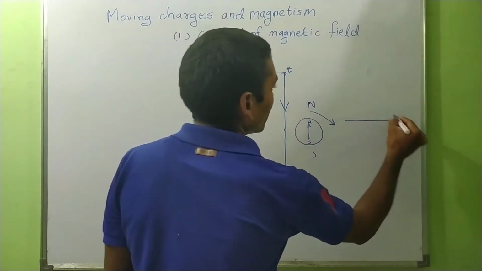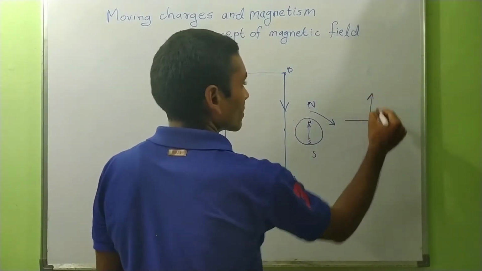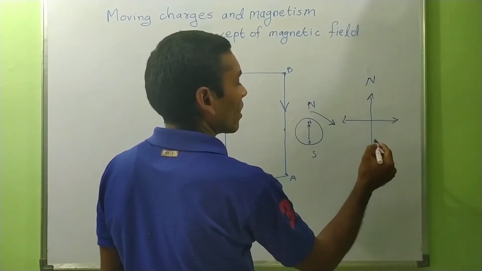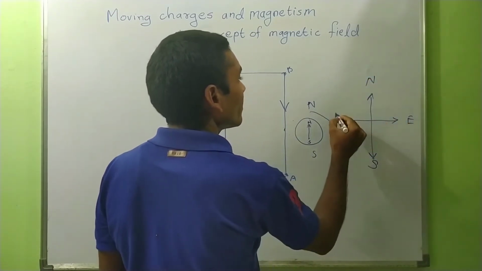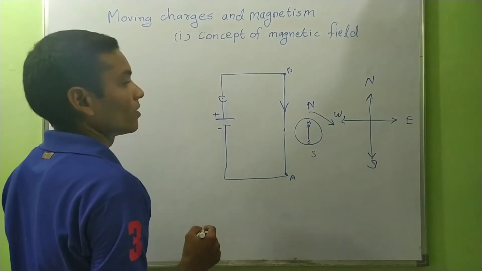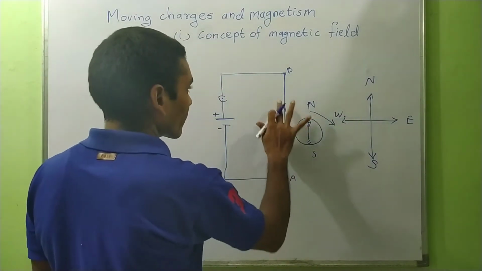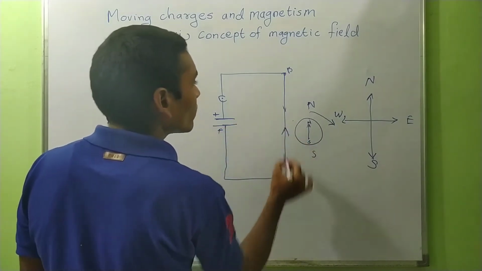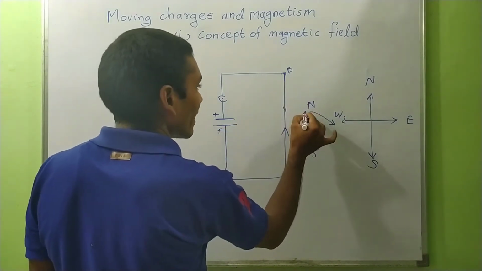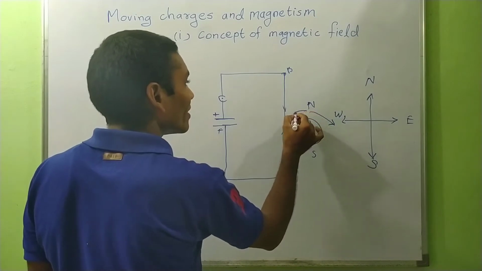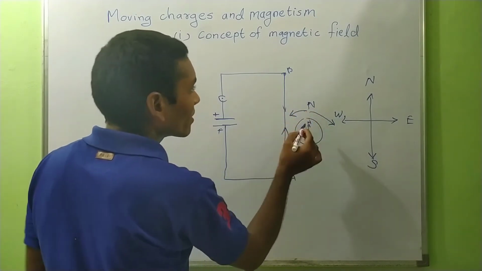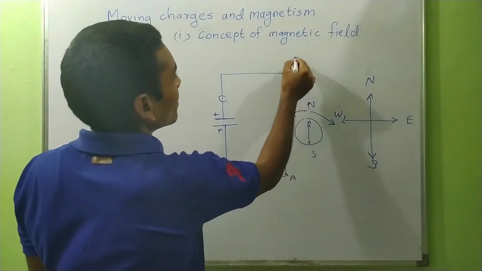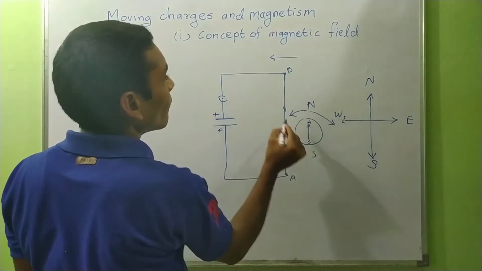If this is north, this is south, and east and west, and the current is flowing A to B, then the north pole of the magnetic needle deflects towards the conductor, means it deflects towards the west.